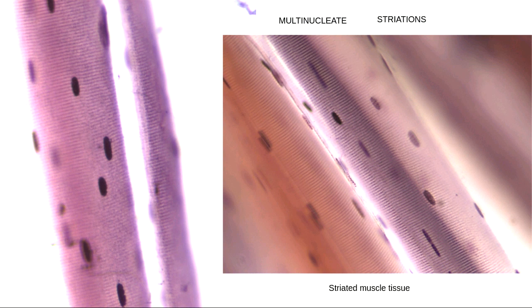So 2 ways to say the same thing. Either it has striations, it has stripes, or we'd say that it's striated muscle tissue. It's tissue, again, with the striations, with the stripes. So yeah, with our skeletal muscle tissue, here's some of the big words: multinucleate, more than one nucleus, and striations, the stripes.